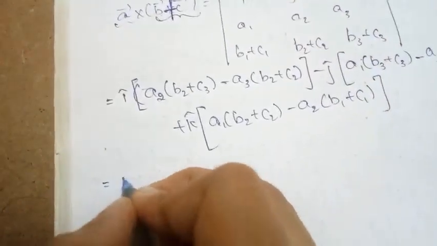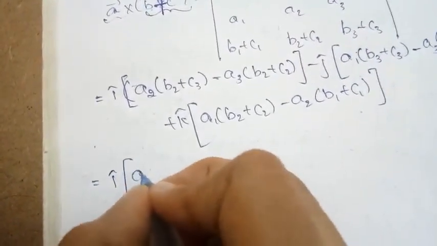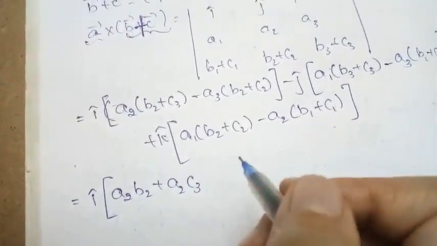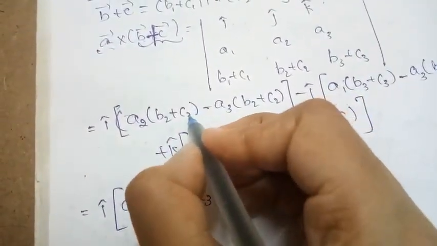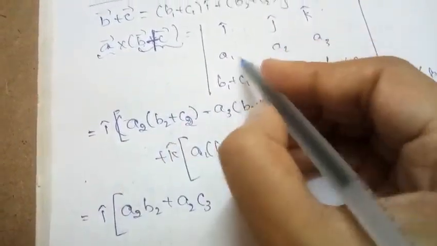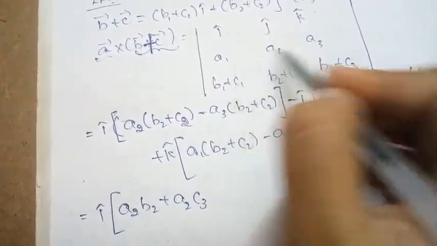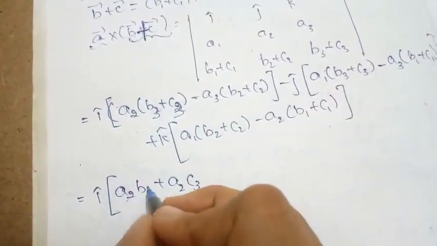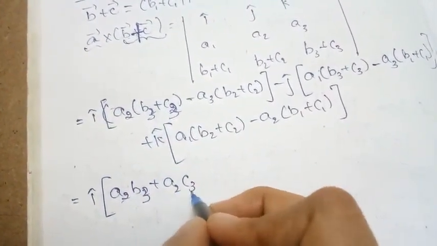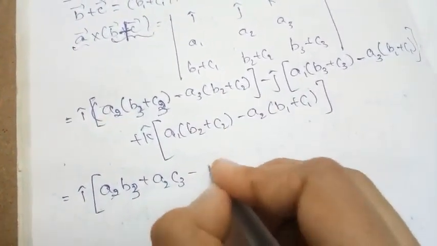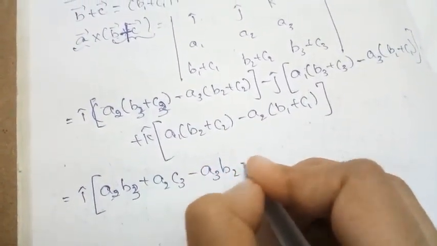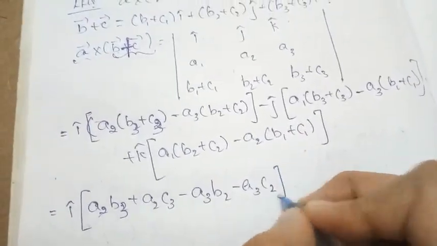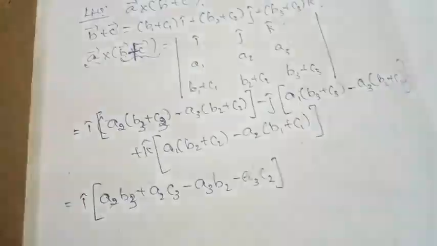Now expanding this, i cap: a2 b3 plus a2 c3 minus a3 b2 minus a3 c2. This is the component of i cap.